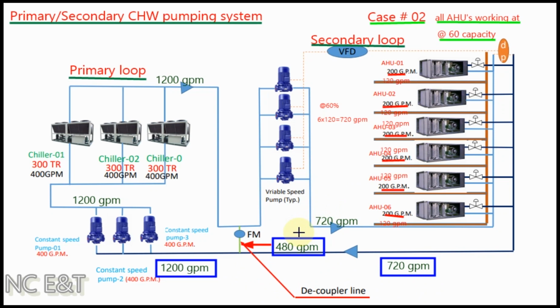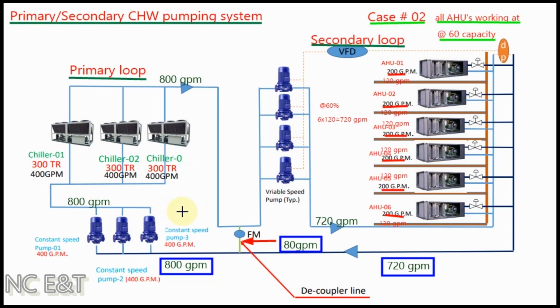But before turning off the largest chiller, we wait until the chill water flow through the decoupler line reaches 10 to 15% more than the capacity of the largest chiller. When the chill water flow through the decoupler line becomes 10 to 15% more than the capacity of the largest chiller, then one chiller also is turned off.